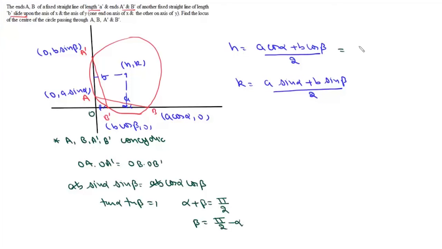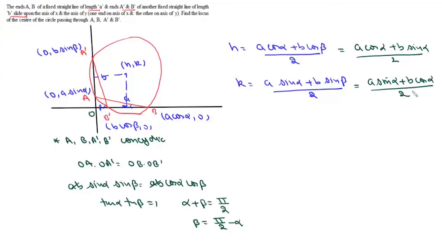So this h will be a cos alpha plus b sin alpha by 2, and here k will be a sin alpha plus b cos alpha by 2.